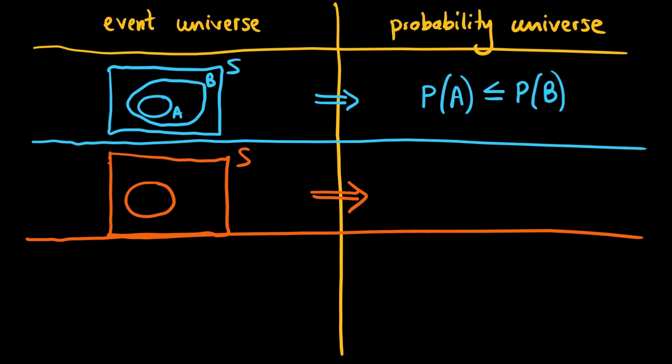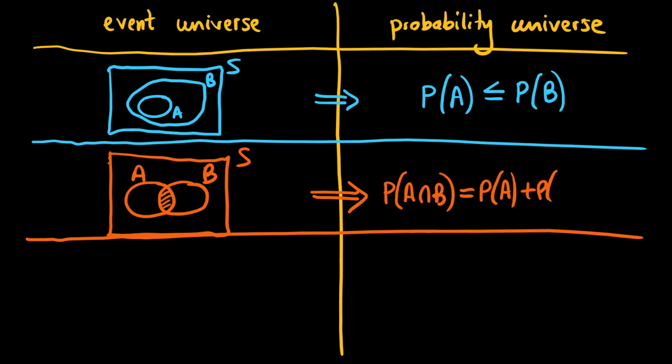We looked at sets A and B and wondered about the intersection, and then we've derived an expression about the probability of the intersection of A and B. And we've shown that it is equal to the probability of A plus the probability of B minus the probability of A union B. So once again, we pictured two sets in the event universe, and we conceived of this new set, which is the intersection of these two sets, A and B, and we wondered how the probabilities of these sets related. And so that's what we explored.